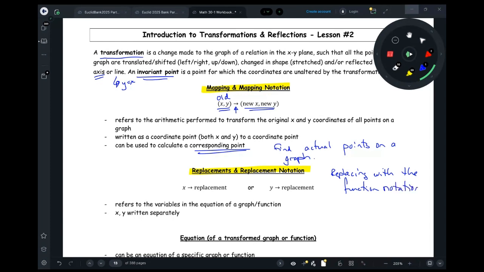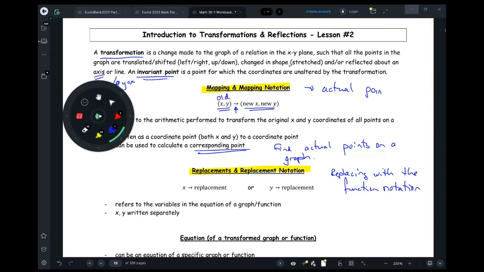So the mapping has to do with the actual points on the graph, whereas when we talk about replacements and replacement notation, I'm asking about what's going on with the function notation. You're going to see as we move through this course that these two often look like they're doing the opposite thing, and we'll explain that in a bit.